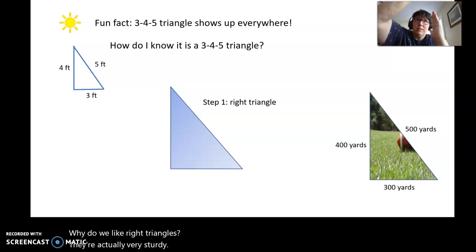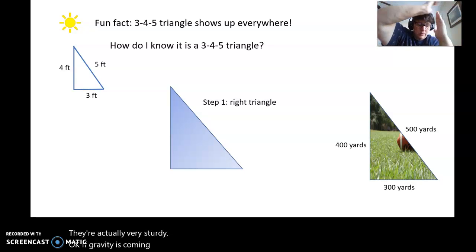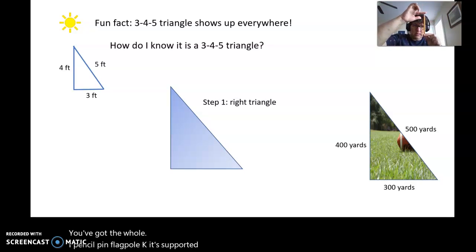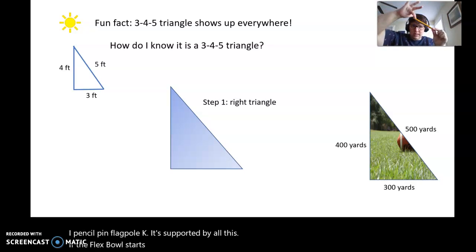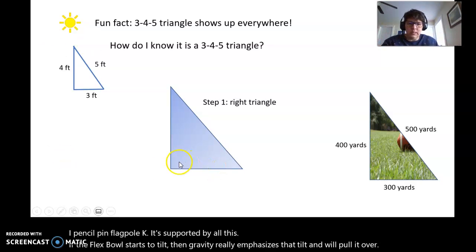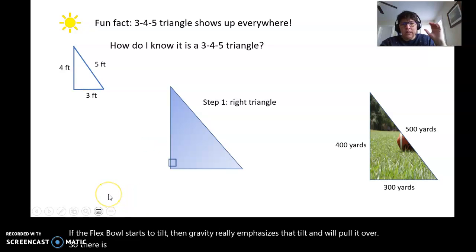If gravity's coming down, you've got the whole pencil, pen, flagpole. It's supported by all this. If the flagpole starts to tilt, then gravity really emphasizes that tilt and will pull it over. So these right triangles are very important.